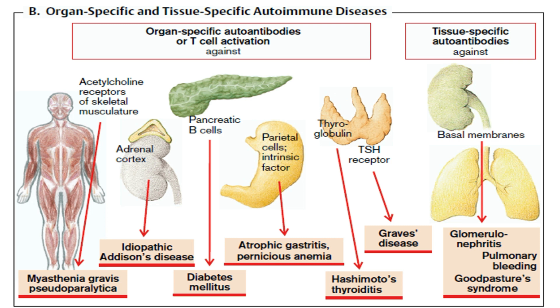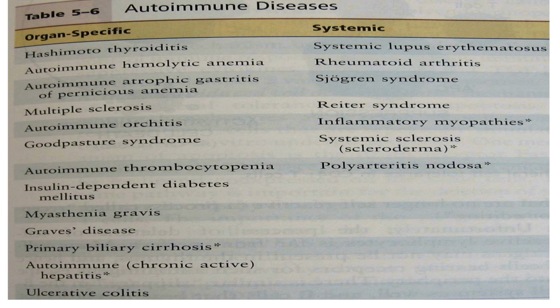And next, tissue-specific autoantibodies against and influence in the kidney and disorders of basal membranes, and in the lung system disorders of alveolar membrane, may form glomerulonephritis and pulmonary bleeding, and finally form Goodpasture syndrome.